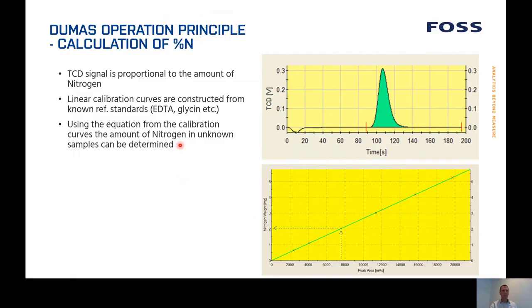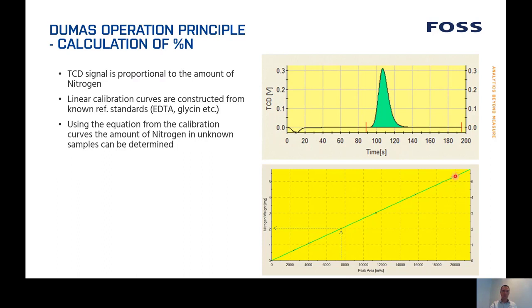So the principle is that the TCD signal here will increase on the basis of the amount of nitrogen reaching the detector, and on the basis of this you can create a calibration curve where you know the amount of nitrogen introduced into the system, and there's a description in the user manual on how to do the calibration curve.